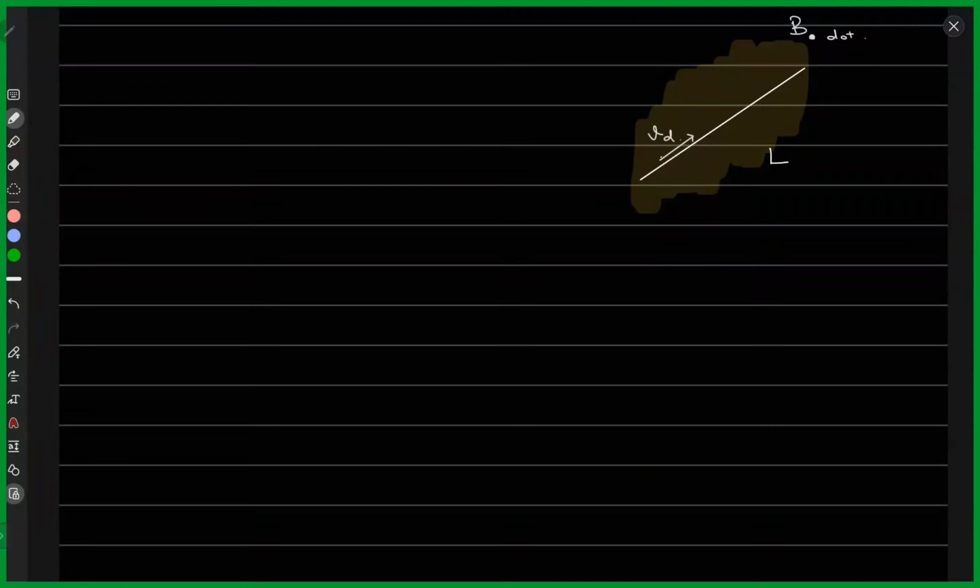Now, if we know the drift velocity, that means we can find out the time it would take to complete one journey along this length L. Any velocity is just defined as displacement over time.